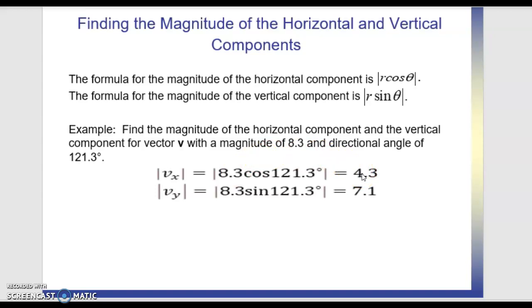If it is negative, make sure you drop the negative sign. Using basically the same procedure to find the magnitude of our vertical component, except this time you use the sine function. So you find the sine of your directional angle, using a calculator, multiply that by 8.3, and make sure you write your final answer in a non-negative manner.